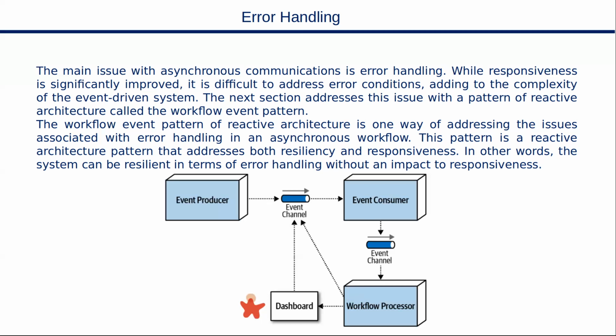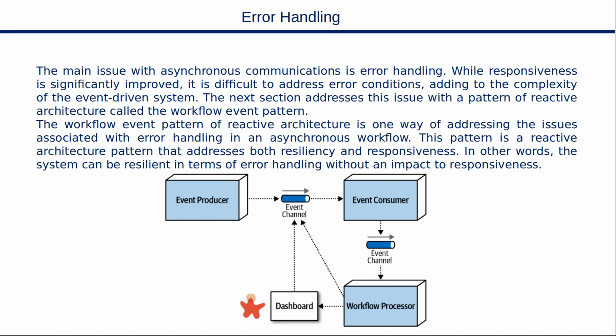The event consumer sees these messages as new ones when they are received from the workflow processor and tries to process them again, hopefully this time with some success. Of course, there are many times when the workflow processor cannot determine what is wrong and what was the reason.